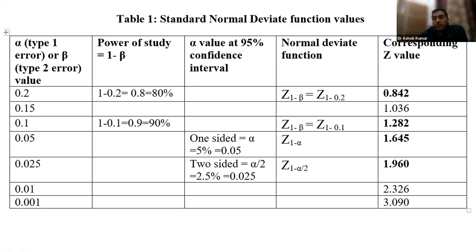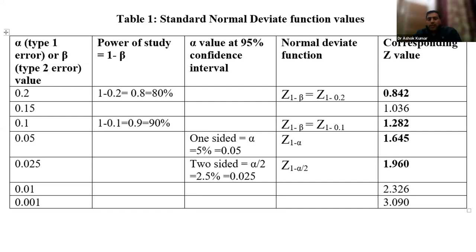We use one-sided for superiority and inferiority trials. One-sided means one drug is superior to the other. We are giving direction: this A is superior to B. So it is one-sided.